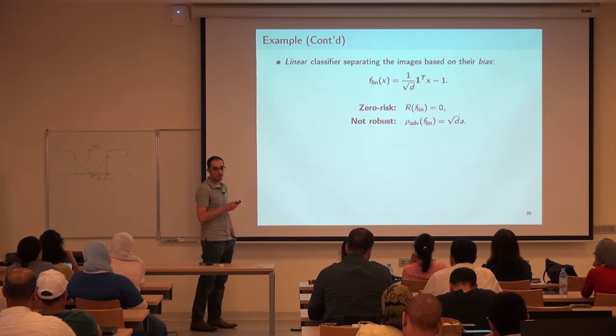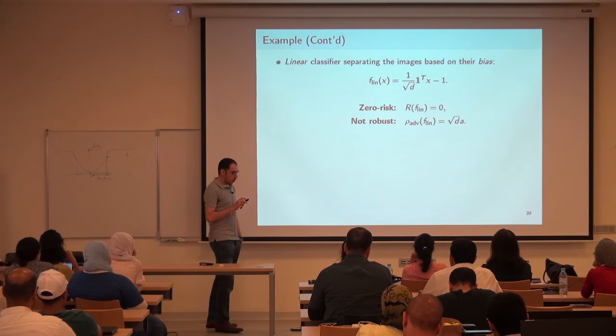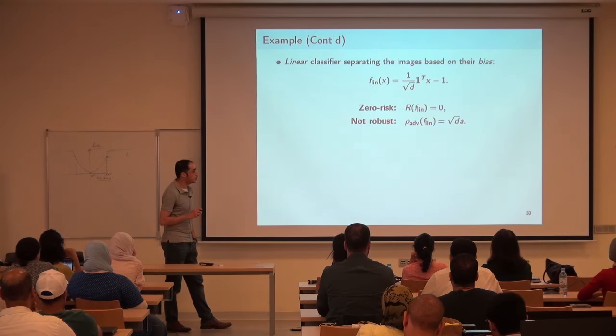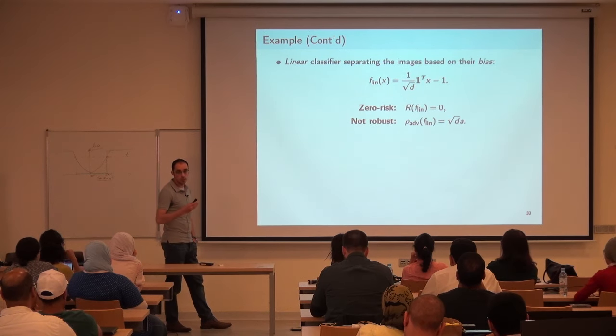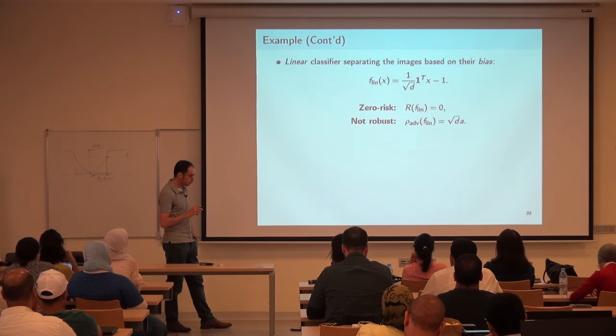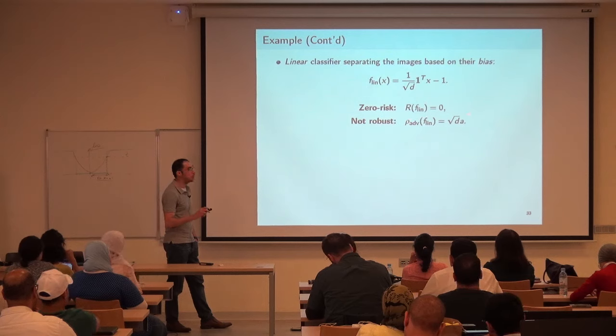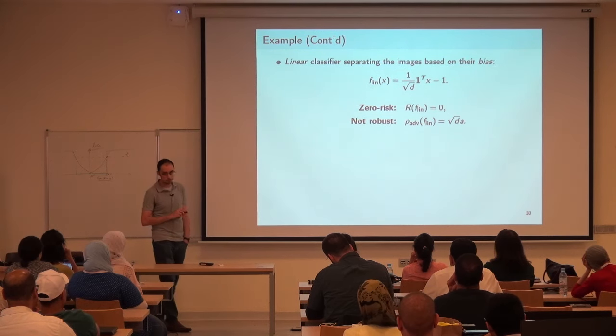There is no linear classifier that picks up the orientation concept between the two classes. The only thing linear classifiers can do, if you want to achieve good accuracy, is to pick up the bias differences. Okay? So this is basically the maximal robustness that you can ever achieve using a linear classifier.